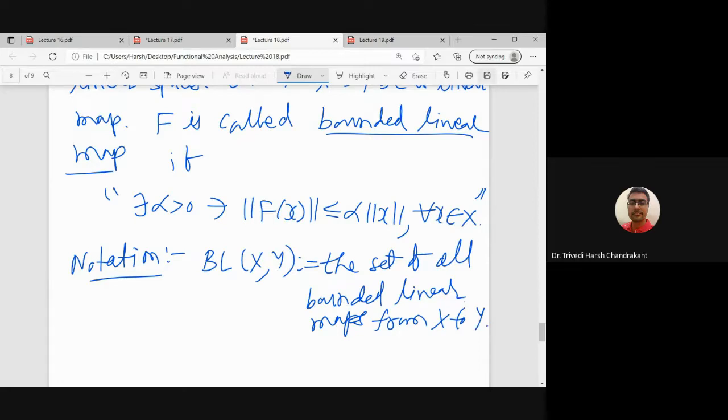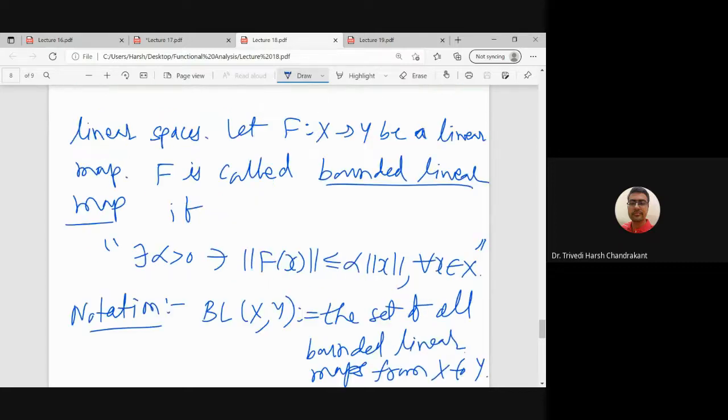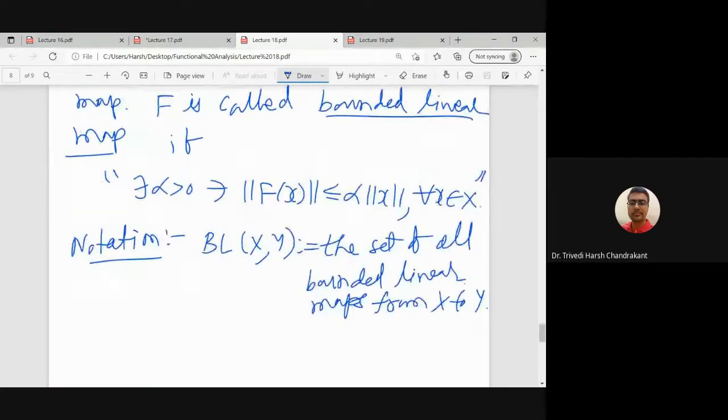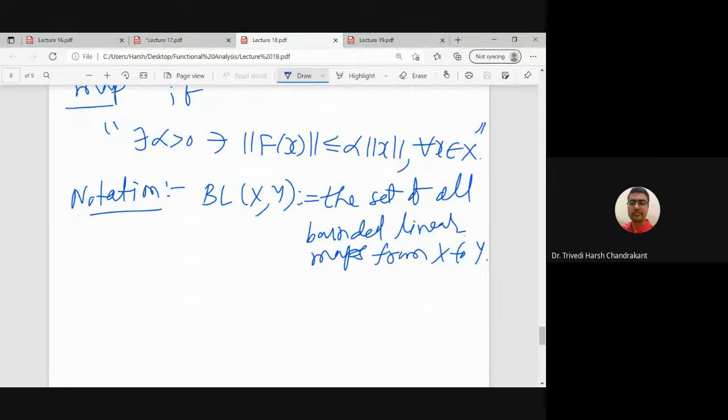Note that this alpha will be different for different maps. For all maps from x to y, there cannot be a single alpha satisfying this condition. For a different function, we will get a different alpha. And what the previous theorem says is that every bounded linear function is always continuous.